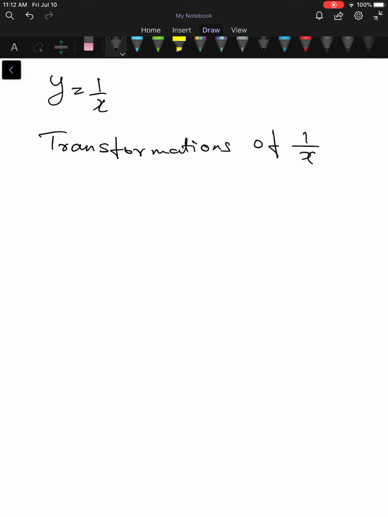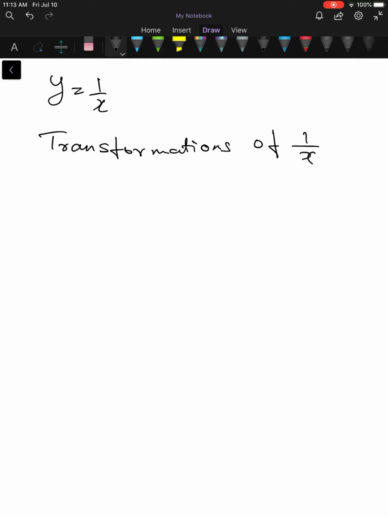So you can apply all the transformations you learned, that is horizontal stretching, vertical stretching, vertical shrinking, horizontal shrinking, and moving the graph towards right, towards left, upwards, downwards.